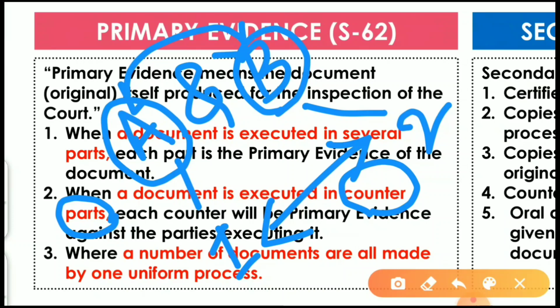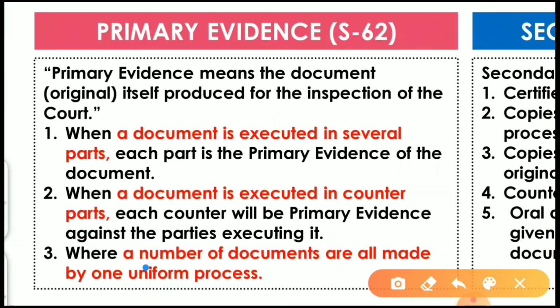When a document is executed in counterparts, each counterpart will be primary evidence against the parties executing it. The third one is where a number of documents are all made by one uniform process. Then all such documents are primary evidence.